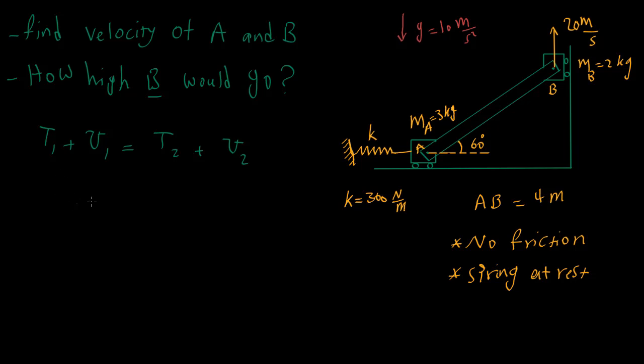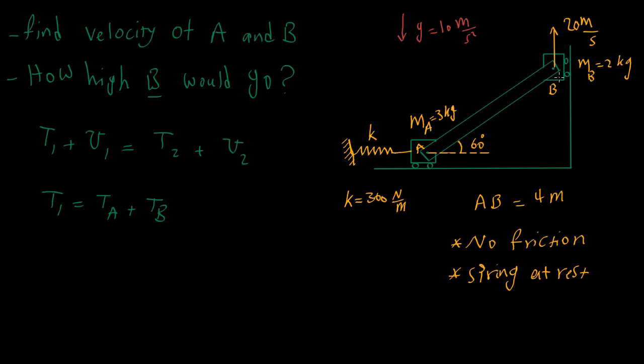So let's start from T1. Here T1 would be TA plus TB, the kinetic energy due to all the masses in the system. We are assuming that the link doesn't have any mass. So what is the kinetic energy of slider A? Well, we have to figure out its velocity.